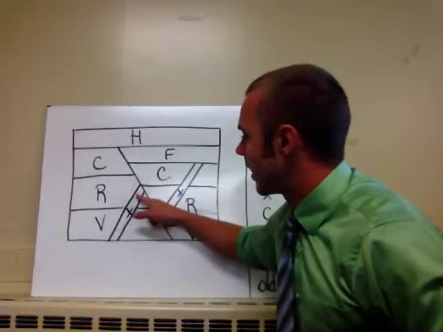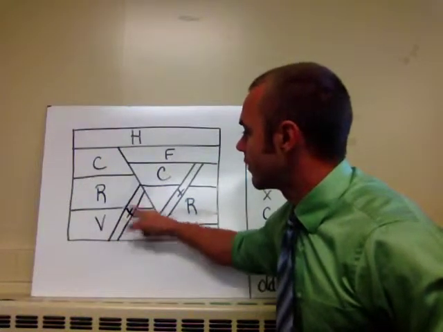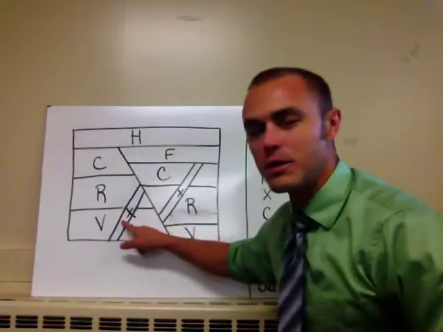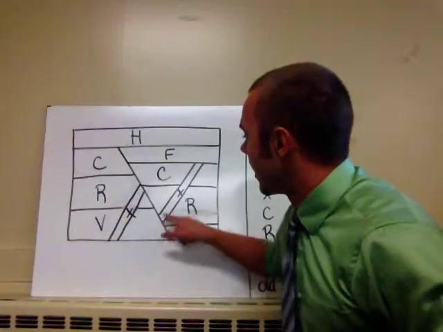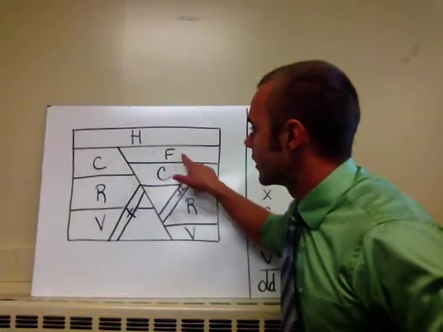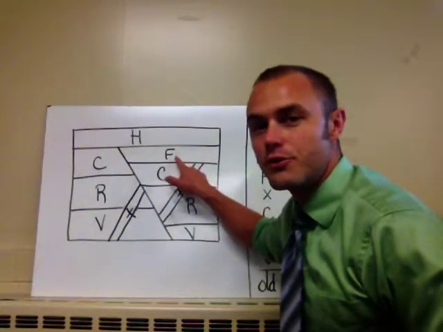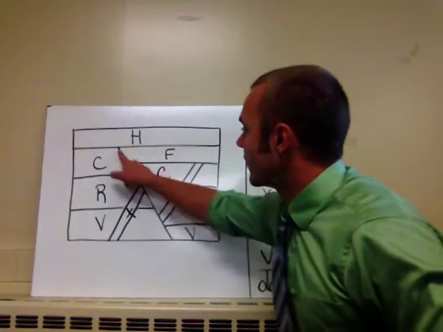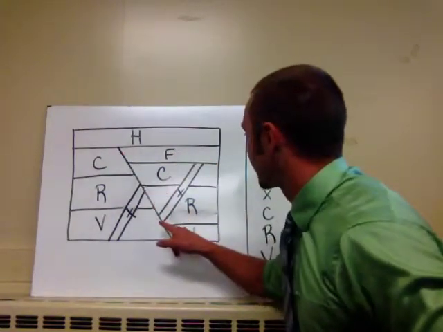Now we have this intrusion that cuts through our layers. So then we know that X occurred next. Then it does not cross into F. So the intrusion is older than F, and we have a fault that cuts everything.